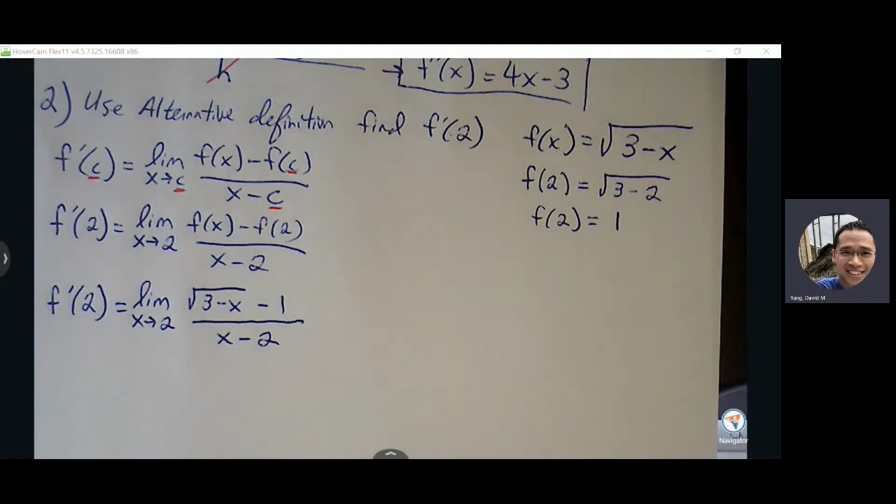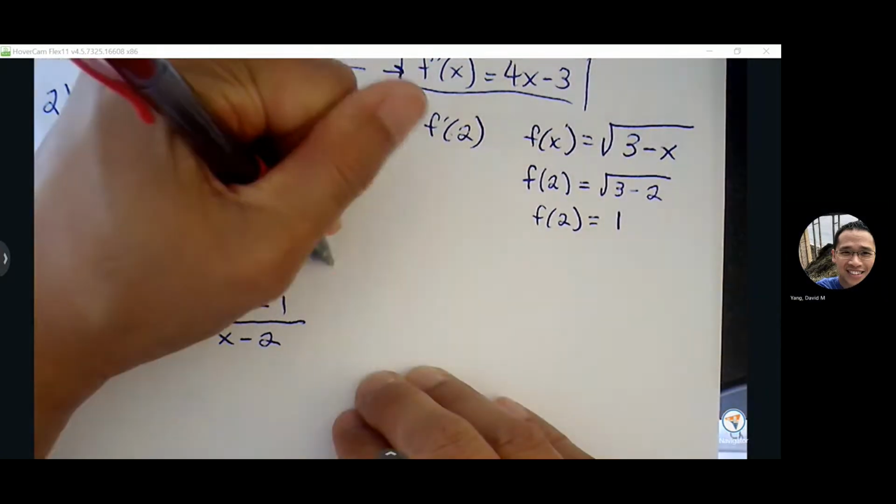Okay, so now we're just doing a limit problem algebraically. First things first, insert the 2. We'll get 1 minus 1 over 2 minus 2.